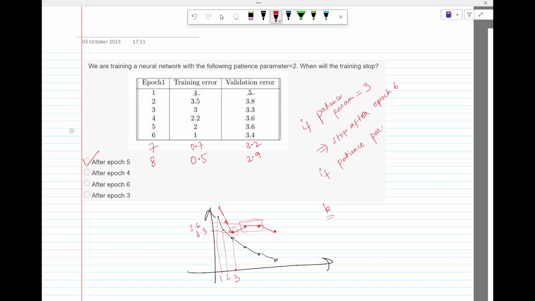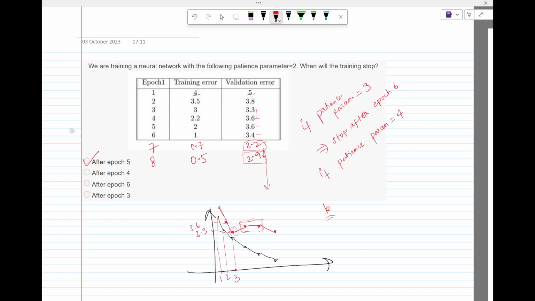Okay, so now if my patience parameter was equal to 4, then after this point my validation error increased, so I'll wait for 4 epochs, and in the fourth epoch it dropped. So since it dropped, I'll continue the training procedure, and from here I'll again see if it is dropping for 4 more epochs, and immediately when I reached here, again it dropped. It became lower than 3.2. So from here again I will wait for 4 epochs and see if it is going lower than 2.9 or not.